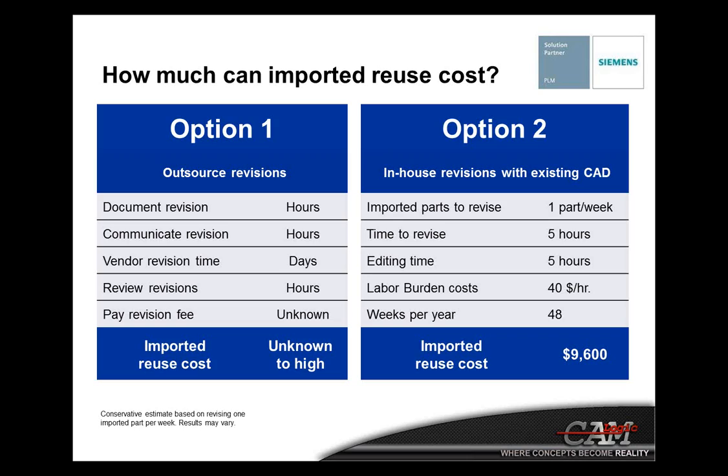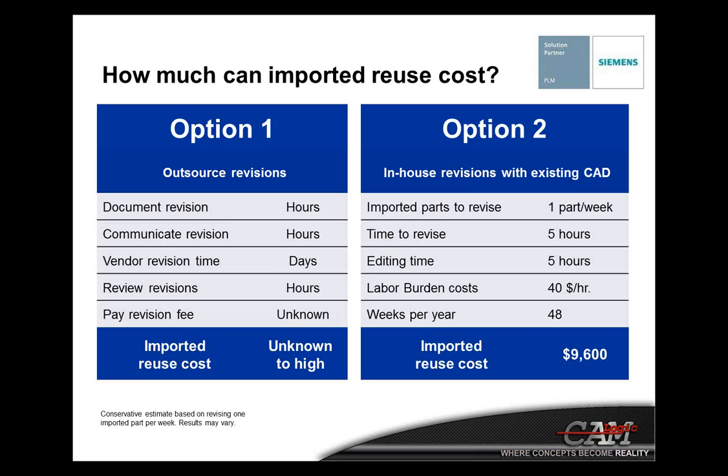Option 2 is to attempt to make the change with your existing CAD system. Direct edit may get you close, and feature recognition will attempt to reverse engineer the design. But in most cases, you will end up having to delete and start over.